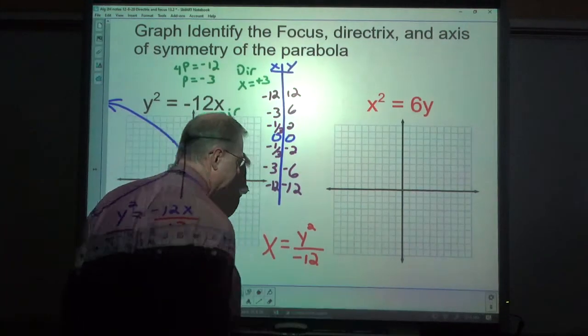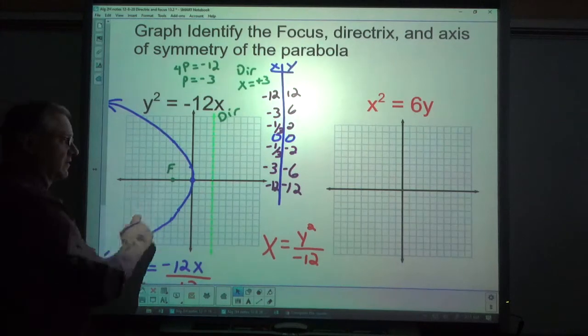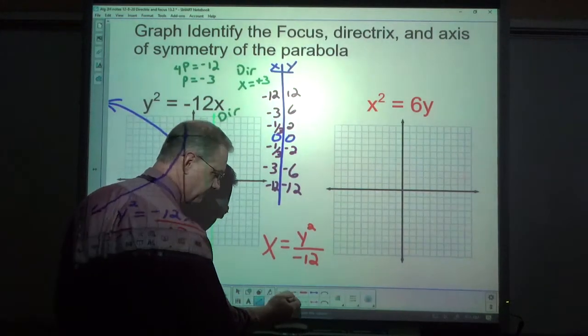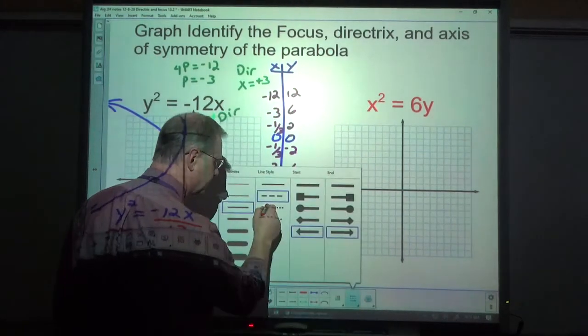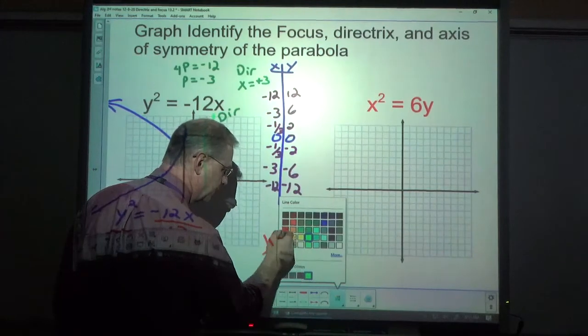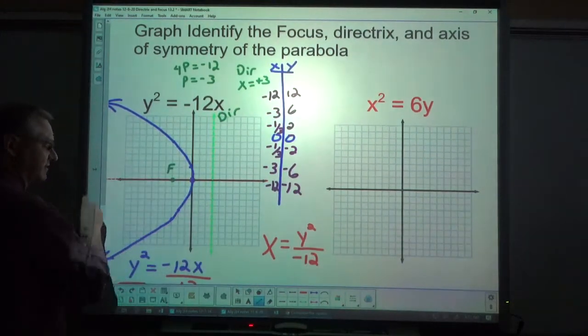All right. Directrix, focus, and then I'll draw in the axis of symmetry. Let's make that line a little thinner, and let's make it red to show up. This is the axis of symmetry.